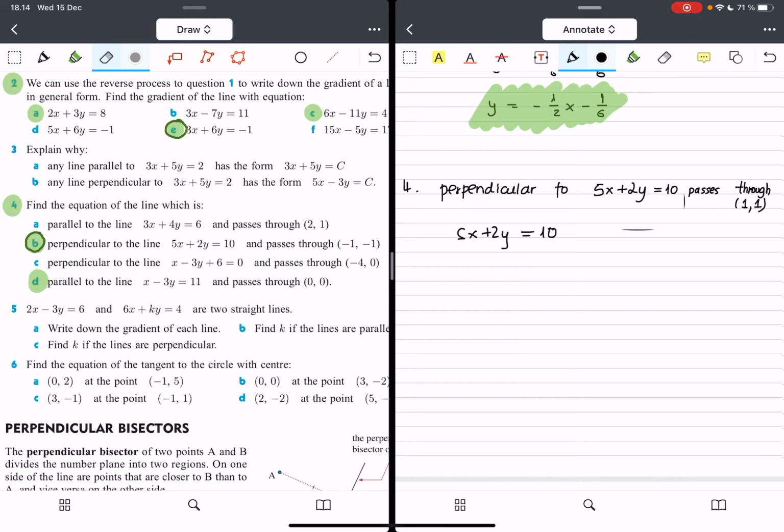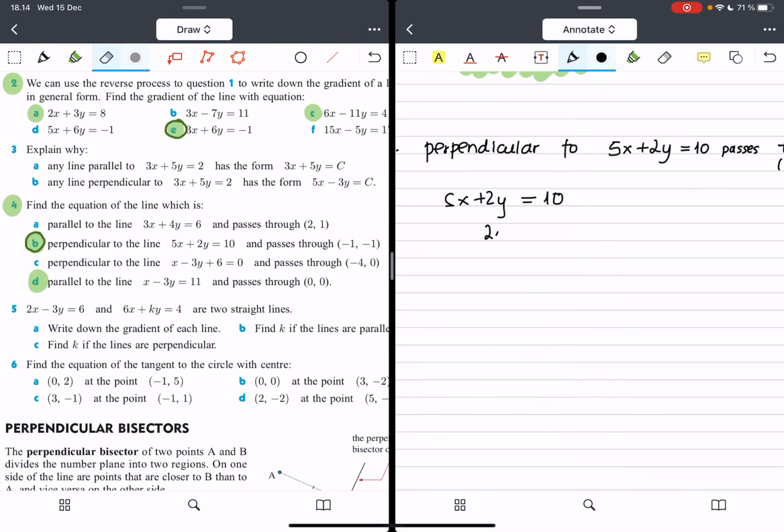We need to convert that into the gradient intercept form. So 2y equals negative 5x plus 10. So y equals negative 5/2x plus 10/2, or y equals negative 5/2x plus 5.